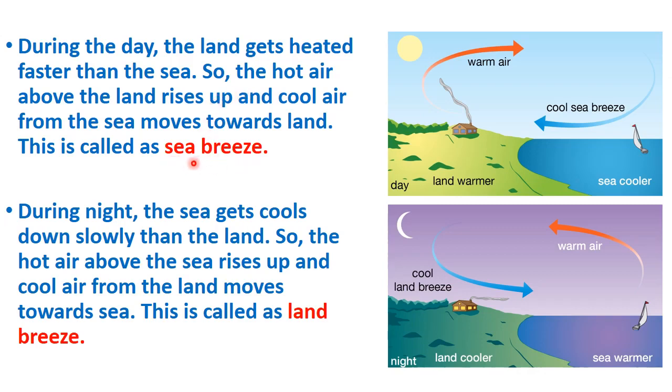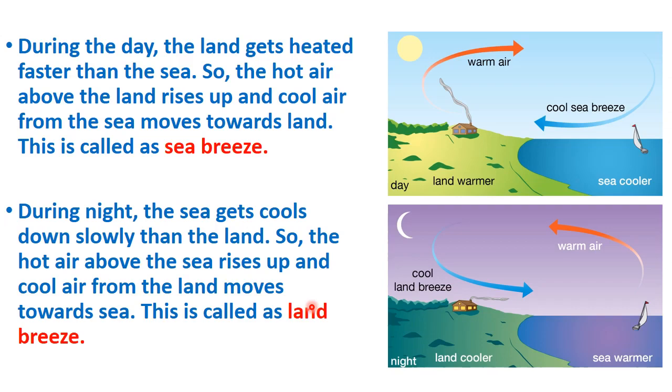Sea breeze is the movement of air from sea to land. The land is heated, so the hot air will rise up, then cool air will come into its place and the movement takes place. So this is called sea breeze.